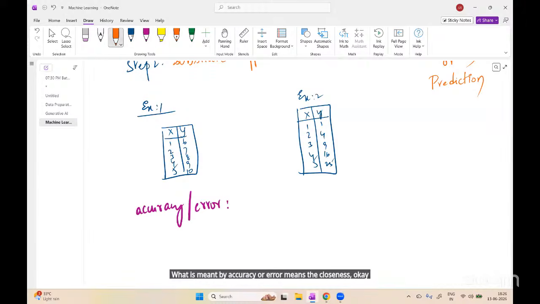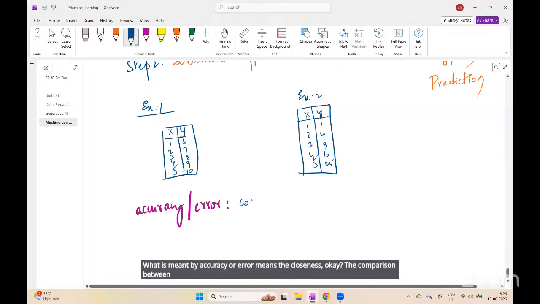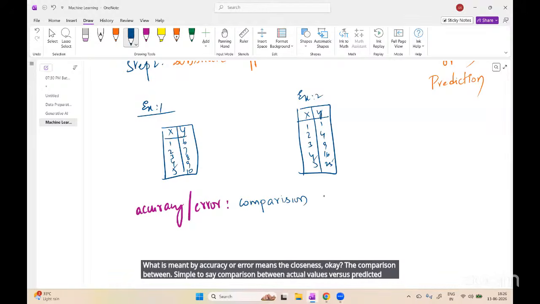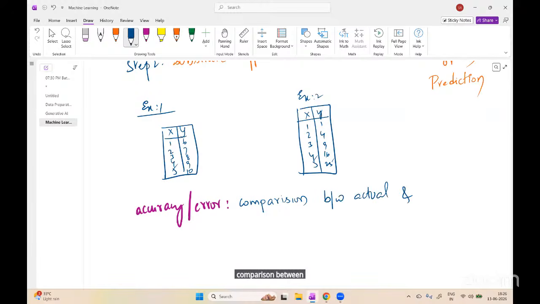Simple to say, comparison between actual values versus predicted values is called as accuracy or this error.